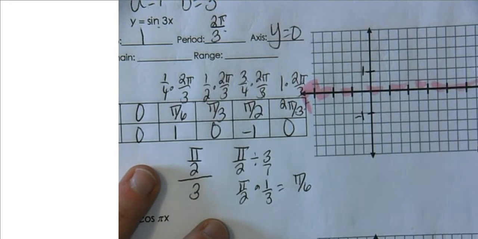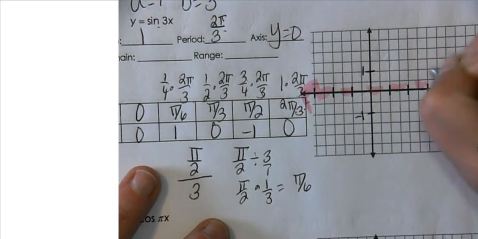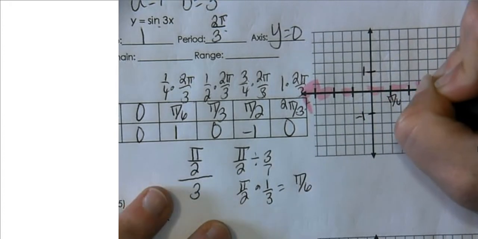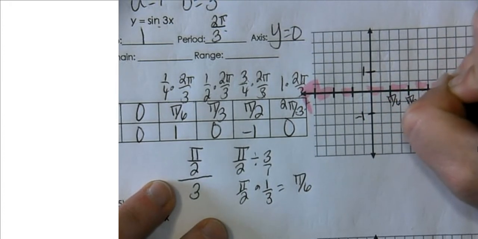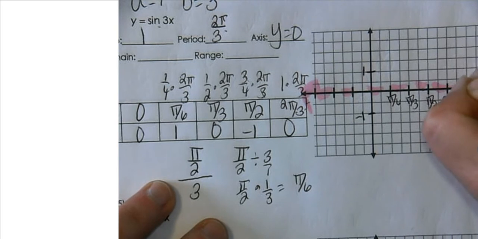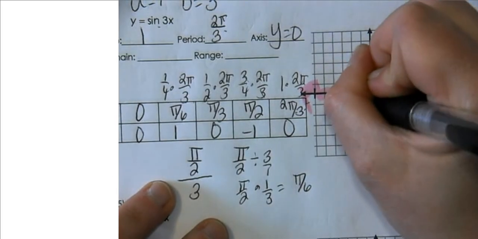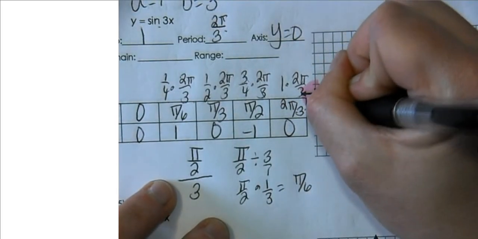So I'm going to make the y values go by 1 and -1 by skipping a line. And then I'm going to make these solid points: pi over 6, pi over 3, pi over 2, and 2 pi over 3. Going backwards, I have negative pi over 6, negative pi over 3, and negative pi over 2.